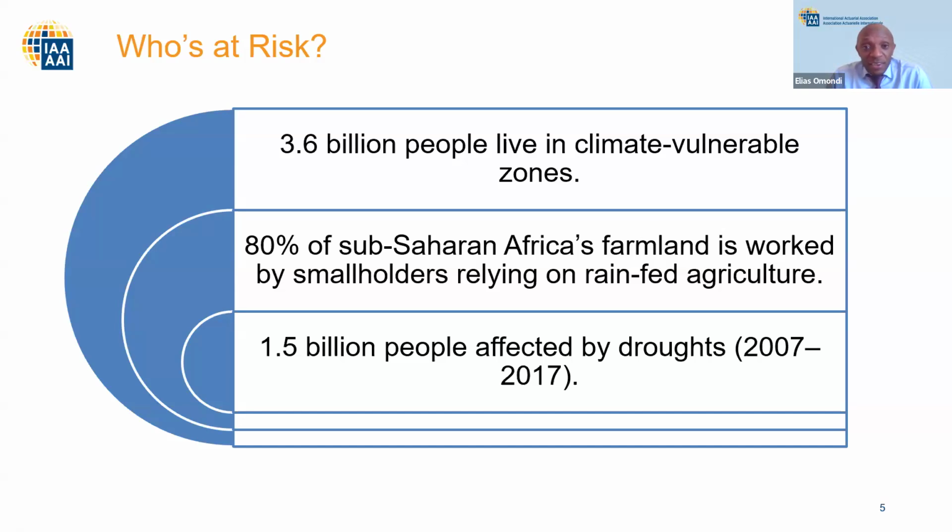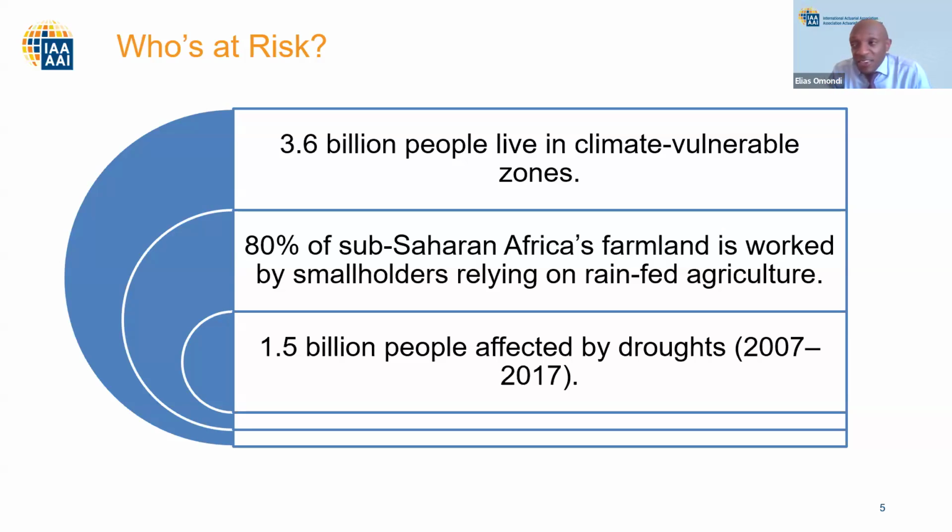So rain-fed agriculture is still predominant in many countries across Africa. But if you move to other continents, you'll see a similar practice. Over 1.5 billion people were affected by droughts between 2007 and 2017.